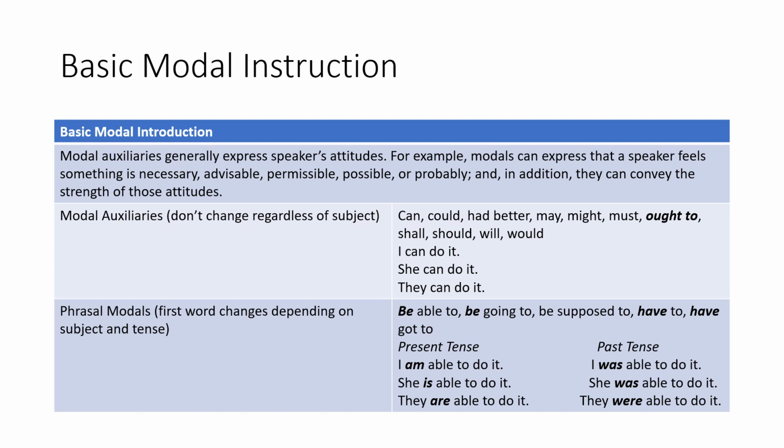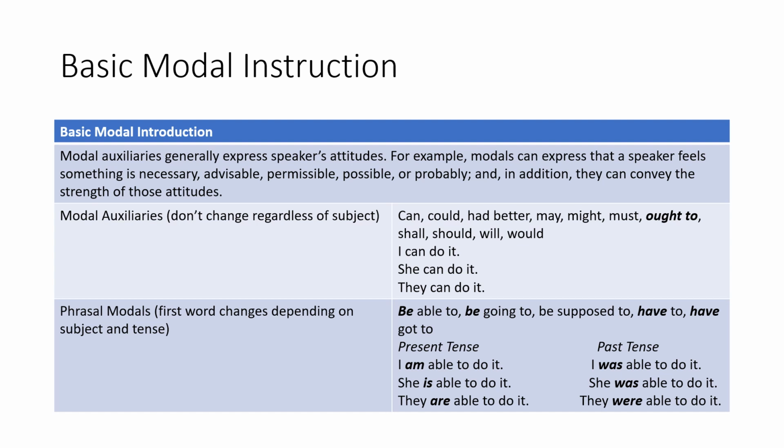The vast majority of them are just one word, but you can see that the words had better and ought to are two words. The reason why I have ought to highlighted is that ought to is the only one from these groups that ends in to.